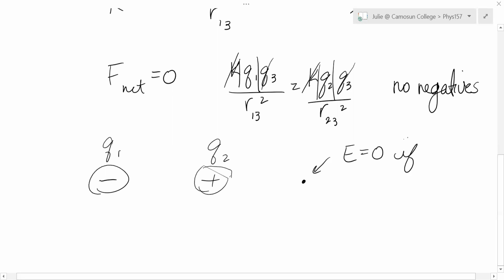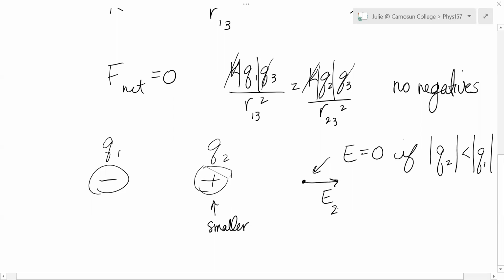But that's only if the magnitude of Q2 is less than the magnitude of Q1. You need to be on the side of the smaller charge. So this would be the smaller one because you're closer to it. And so they compensate each other. Being closer and having a smaller charge, it's possible for the electric field due to this one, which would be this way, E2, would be K Q2 over R2 squared.